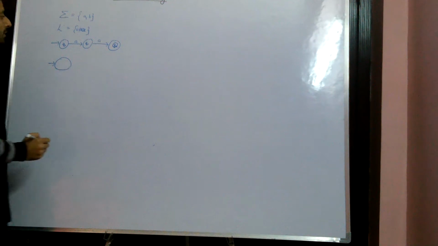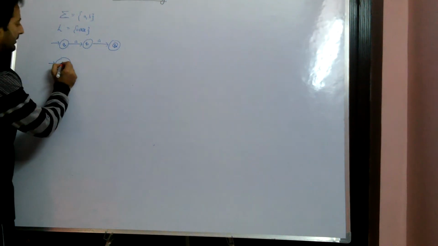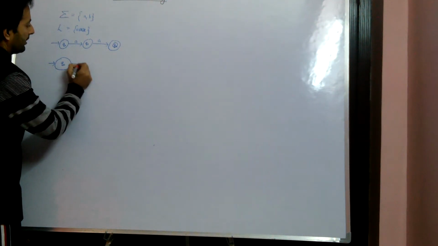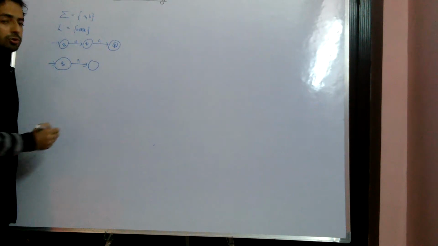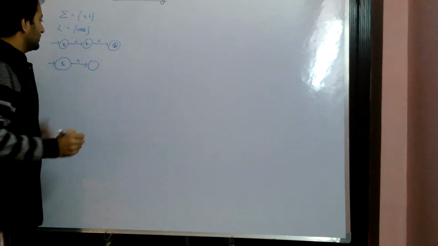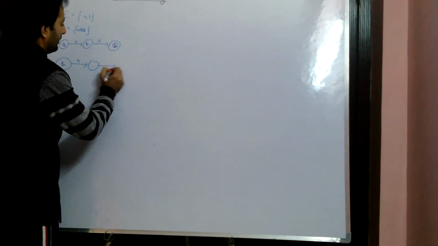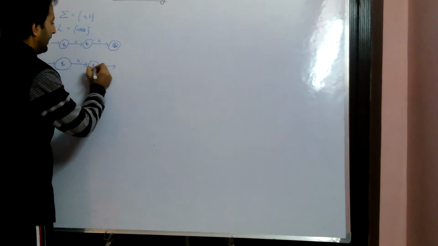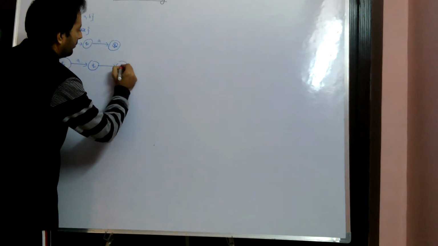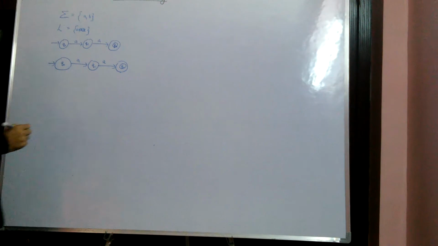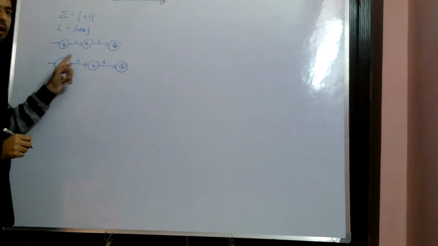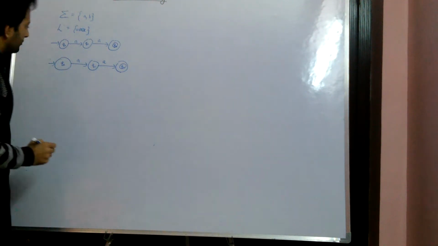We can have a state transition diagram in which we will consider all those strings also which do not belong to this given language. In addition to this, suppose we encounter a B over here, where do we have to go?